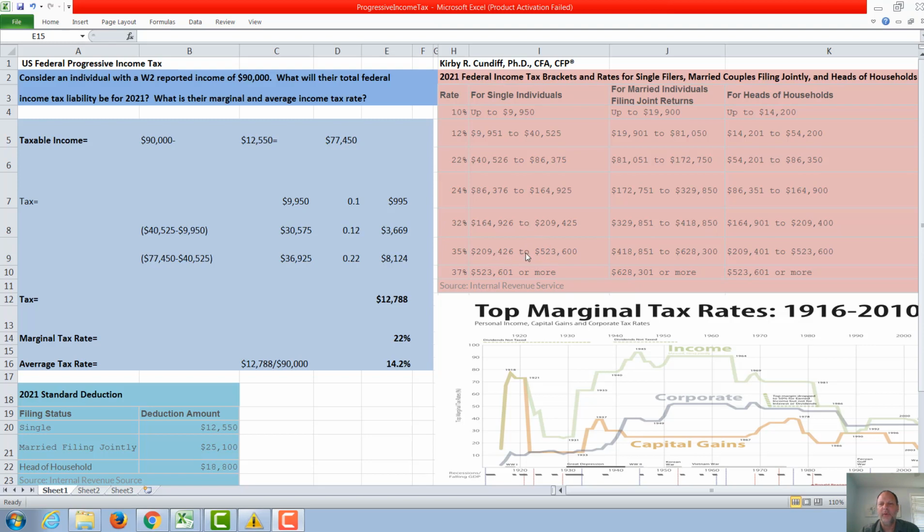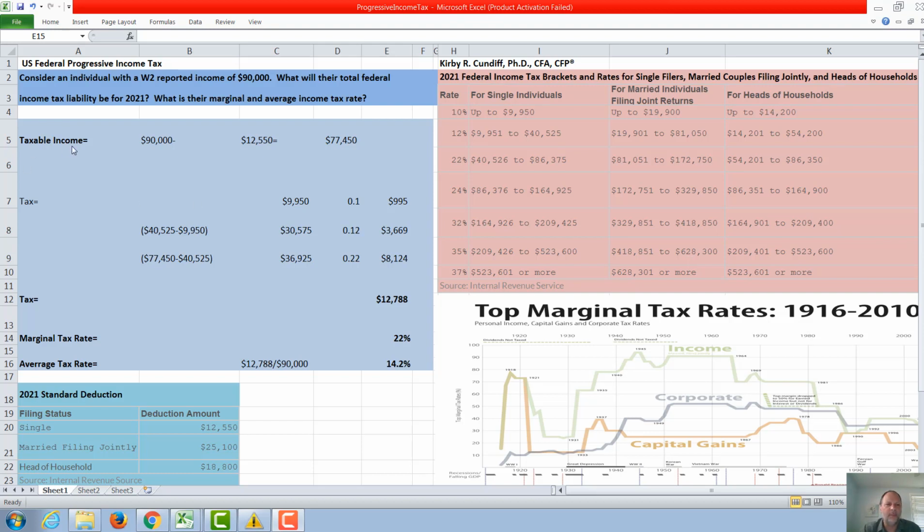If you have two married wealthy individuals making around $500,000 a year each, well, if we take 523,600 and double it, that's well over $1 million. But the top of the 35% tax bracket for married individuals is only 628,300. So in this case, these individuals would be better off getting divorced, and then they would pay lower federal taxes. This is what's called the marriage tax penalty.